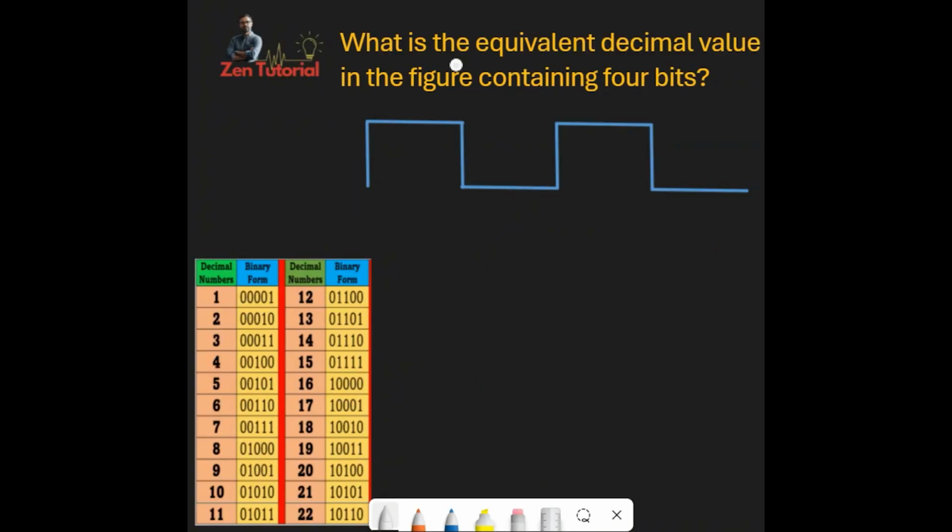Hope you understand. The question is, what is the equivalent decimal value if the figure contains 4 bits? So here is the signal or figure. It says there are 4 bits. So this one is a high bit, it means the value will be 1, it will be 0 and this will be 1 and of course this will be 0 as well. So the value will be 1, 0, 1, 0. This is the binary value of the signal.